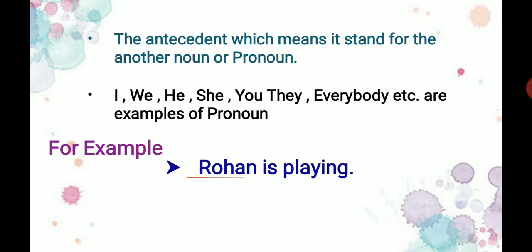And which pronoun do we use instead of the noun of a boy? A boy means one boy, and if we are talking about one boy in the sentence, we use he. So the answer will be, he is playing. Understand?